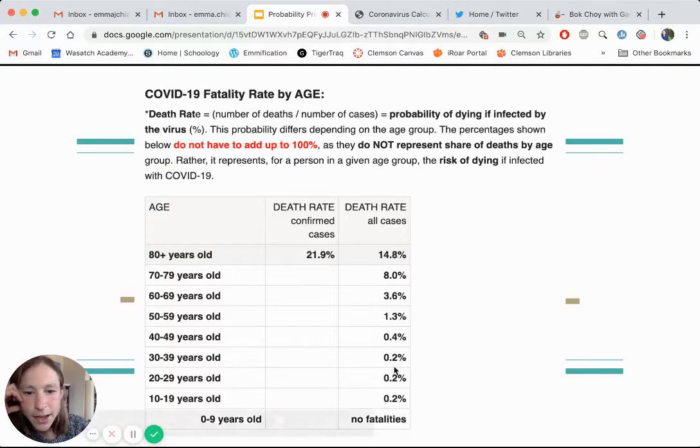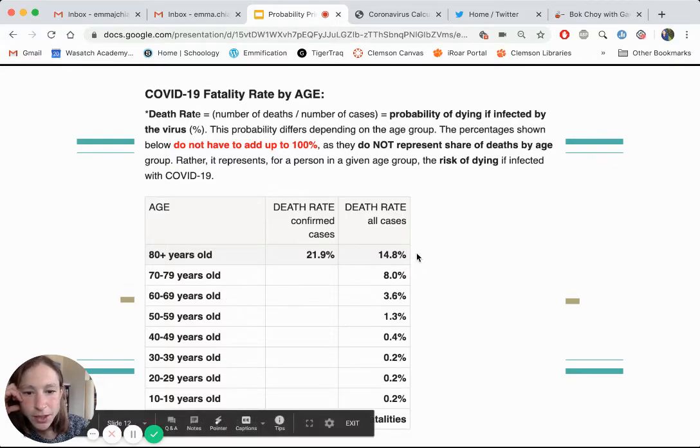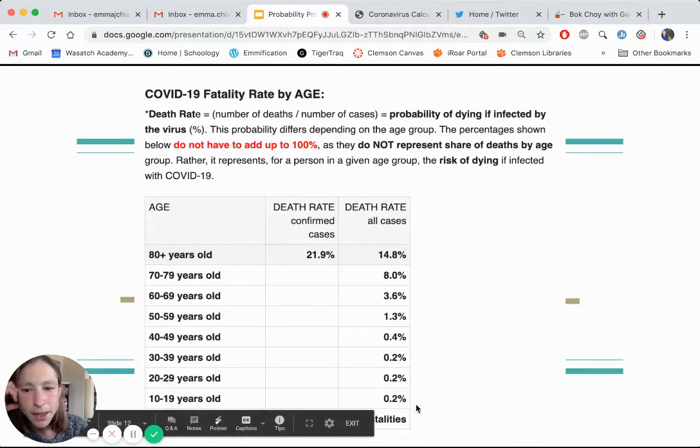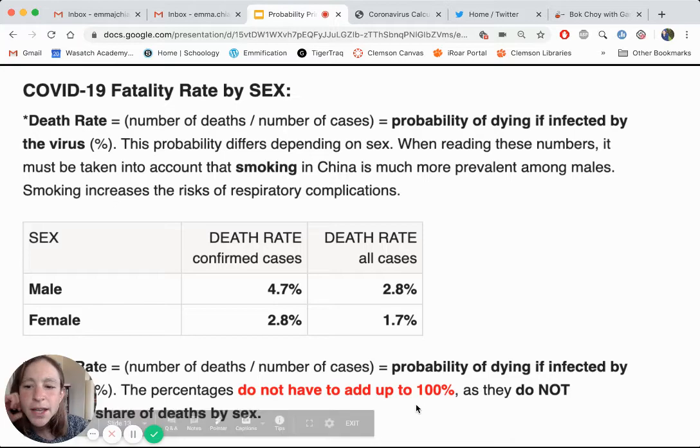So you can see how those range for elderly people down to young people. They also calculate the difference between male and female. So how would this probability estimate, this death rate, change? If we're getting different numbers, we can't be plugging in the same number of deaths and the same number of cases. So for males, this is the number of males who died divided by the number of male cases.